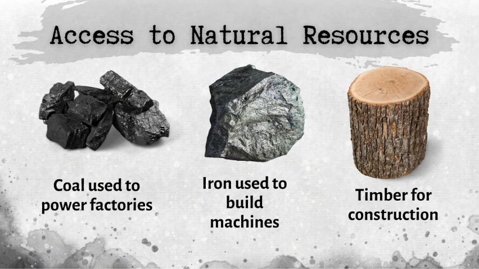Iron ore, plentiful in areas such as the Forest of Dean and the Weald, was crucial for constructing machinery, tools, railways, and buildings, underpinning the infrastructure expansion of the era. Timber, harvested from both domestic woods and imported due to Britain's vast maritime reach, I want you to think back to Unit 4, was indispensable for shipbuilding, a driving force behind the nation's dominant naval and trade prowess, and as an initial fuel source before the widespread adoption of coal.